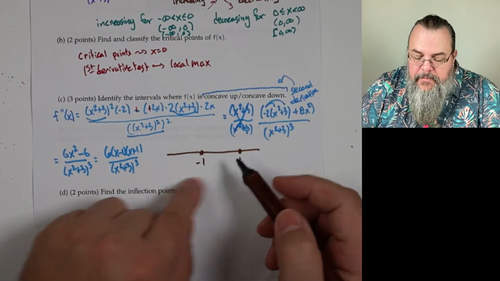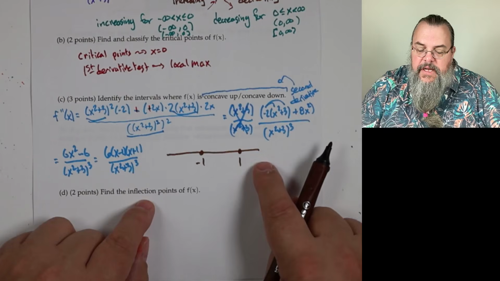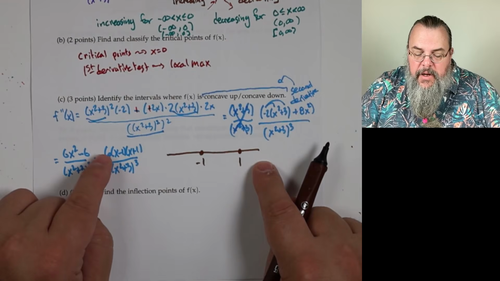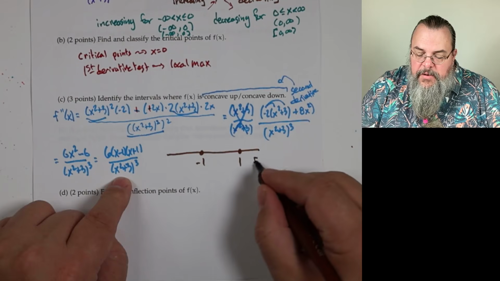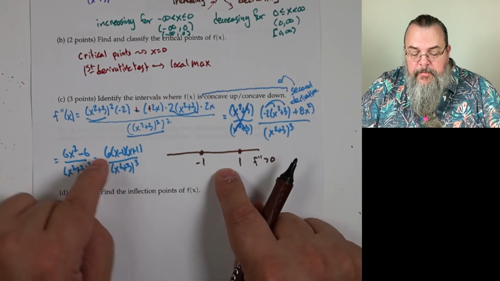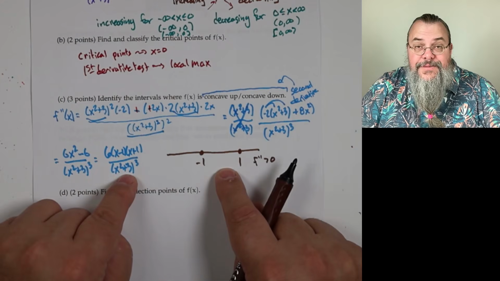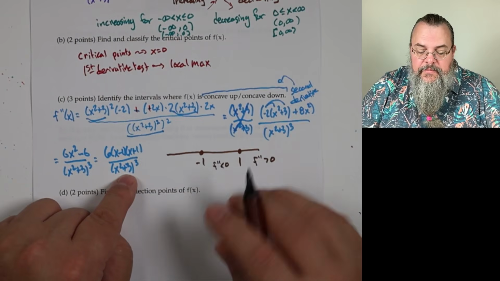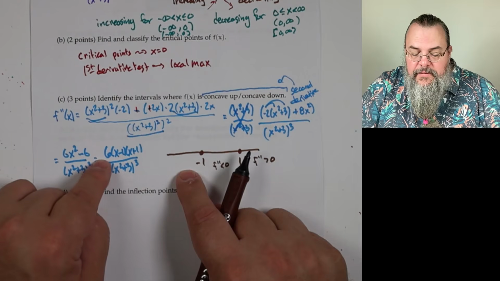So we now test each point, or each interval. So plug in something big, like 2. And I'm just going to look at the sign. Positive, positive, positive, positive. So f double prime, positive. Plug in 0. Positive, negative, positive, positive. The sign, collectively negative. Plug in something below negative 1, like negative 2. Positive, that's the 6.